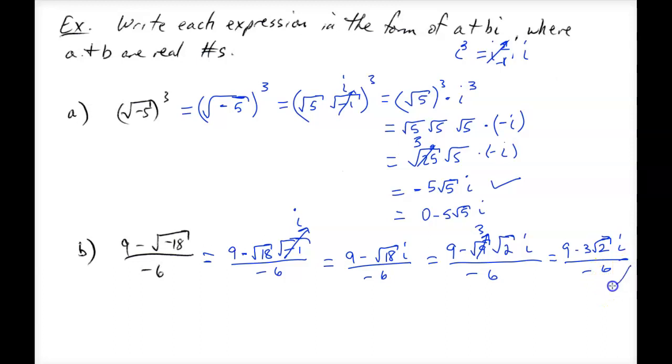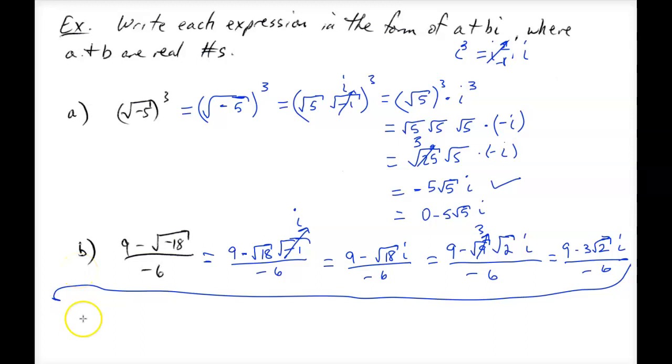And then from here, we will just simplify as much as we can. So here we have 9 divided by -6 minus 3 times the square root of 2 over -6, i.